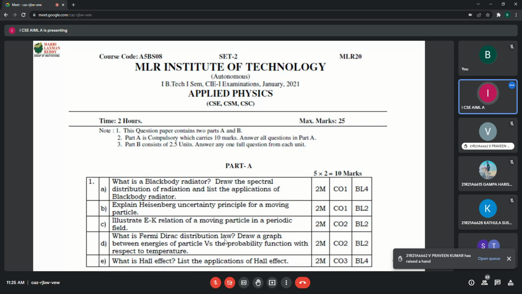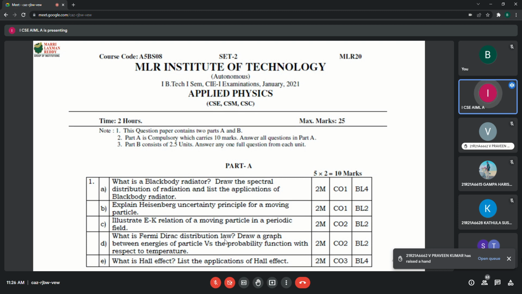These particles or electrons obey a statistical distribution law, and that statistical distribution law is called the Fermi-Dirac distribution law. At a given energy level, what is the probability of an electron occupying it? If it absorbs some energy, the related probability value is given by the Fermi-Dirac distribution law.